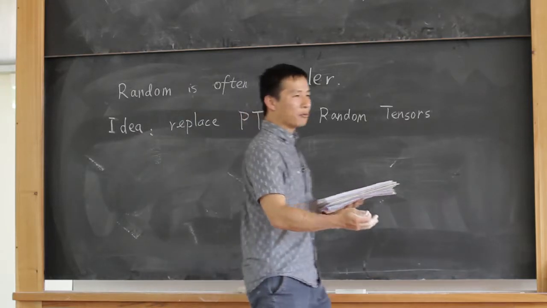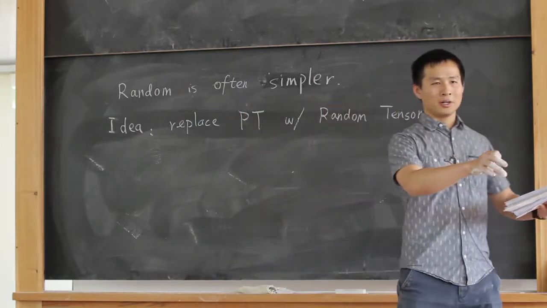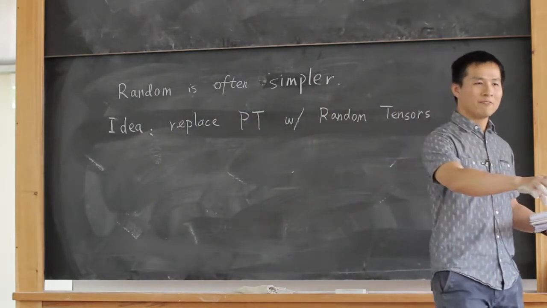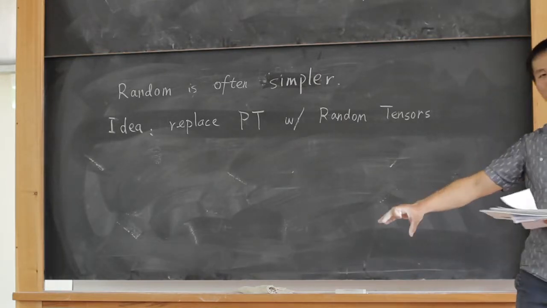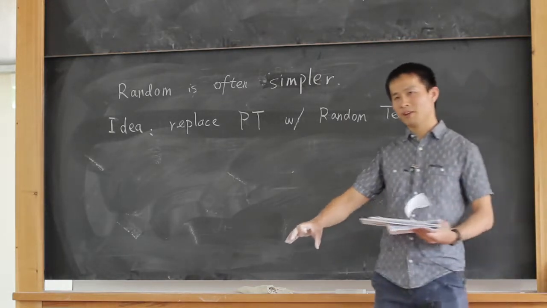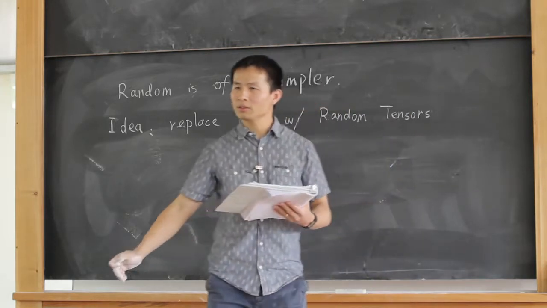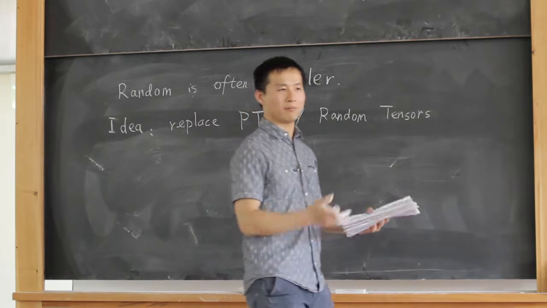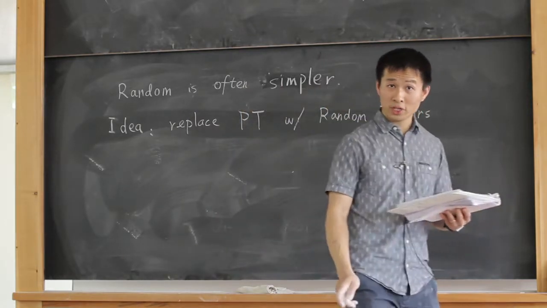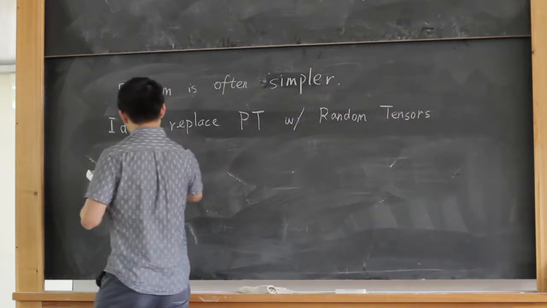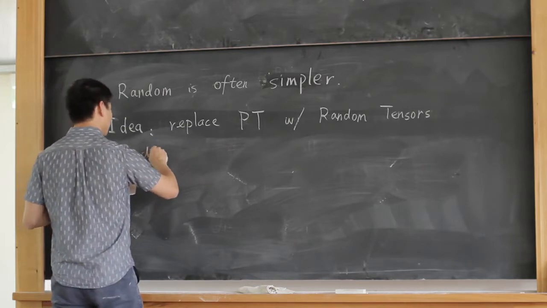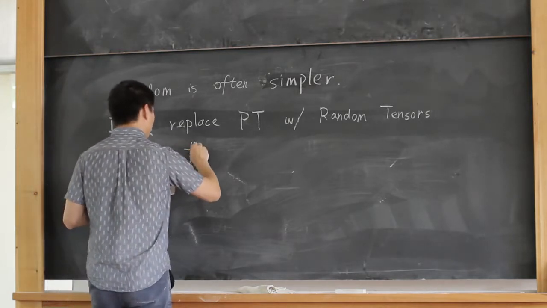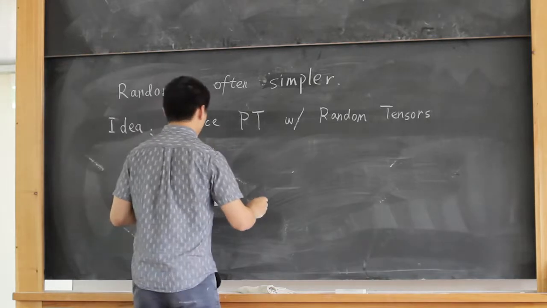Once we form a network, the tensor on one vertex doesn't have to be the same as the tensor on a different vertex. They can be totally different. We can randomly choose them, draw them from some probability distribution. And in fact, it's nice to draw them from some natural distribution.